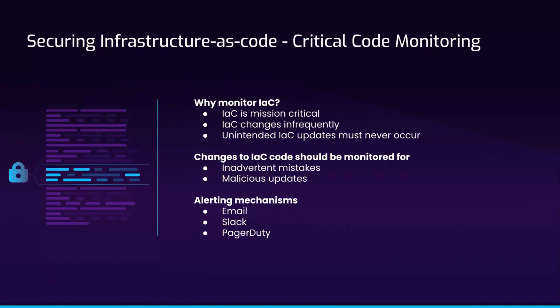And all of these mechanisms for monitoring this critical code, these files, should be incorporated into the organization's workflows by using alerting mechanisms, whether sending that to the application security team through email, through a dedicated Slack channel, or by leveraging a PagerDuty integration, and probably there are more examples that we could have listed here.